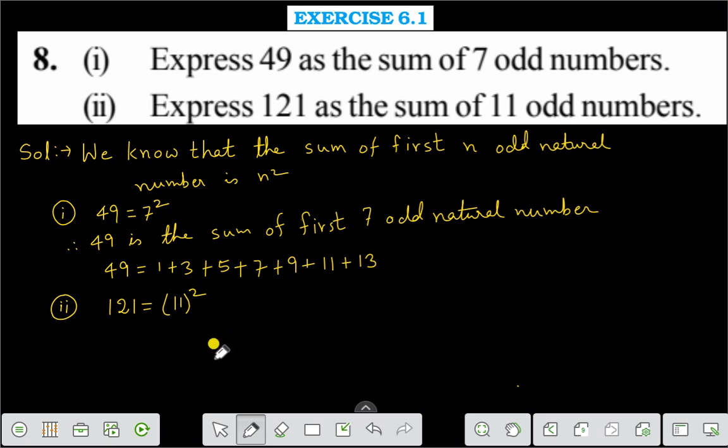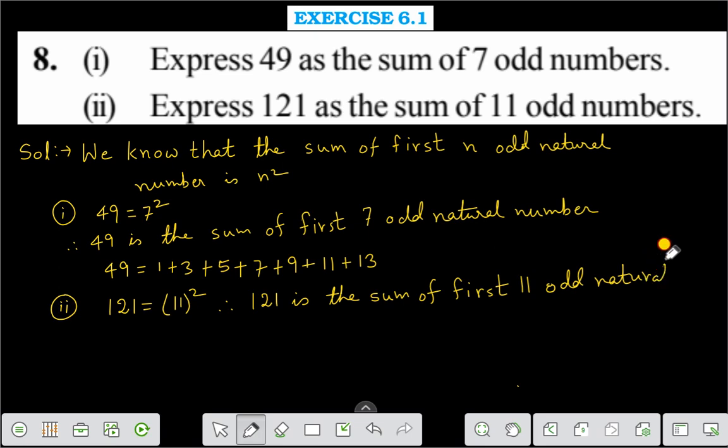Therefore we can say that 121 is the sum of first 11 odd natural numbers.